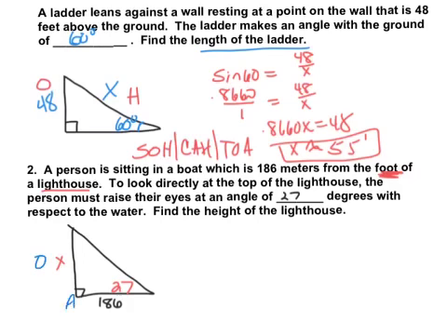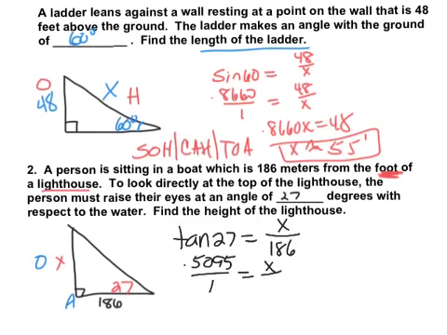So we've got to remember which one of these functions uses opposite and adjacent. And it's got to be tangent. So the tangent of 27 is equal to the opposite over the adjacent. So 0.5095 over 1 is equal to x over 186. When you cross multiply, you will end up with x as approximately 95 meters.